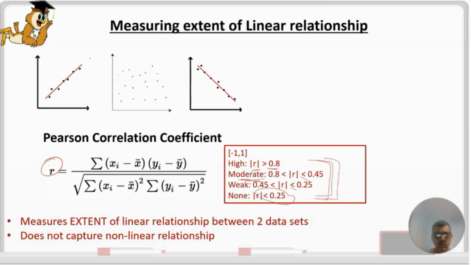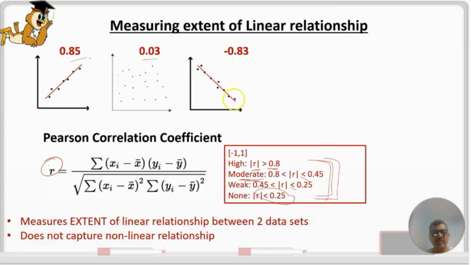So, for example, in a graph like this one, you could perhaps end up with an R of 0.85. In the second one, you would probably end up with an R of 0.03. And for this one, where there is a negative correlation, you could probably end up with a value of -0.83, let's say.